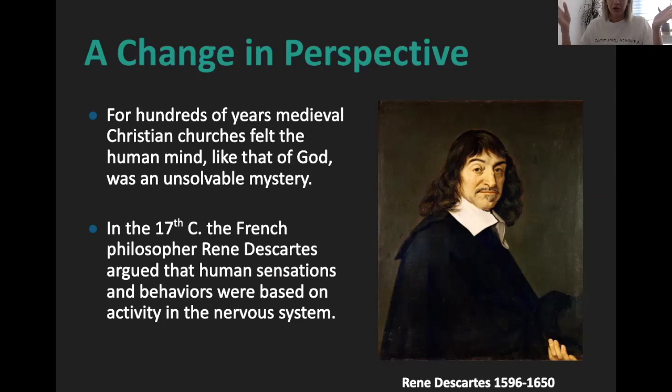So psychology was kind of more of a philosophical, nebulous idea, really up until the 17th century, when the French philosopher René Descartes argued that human sensations and behaviors were based on activity in the nervous system. And you all know what the nervous system is. For a lot of people at the time, that was like, oh, don't say that.